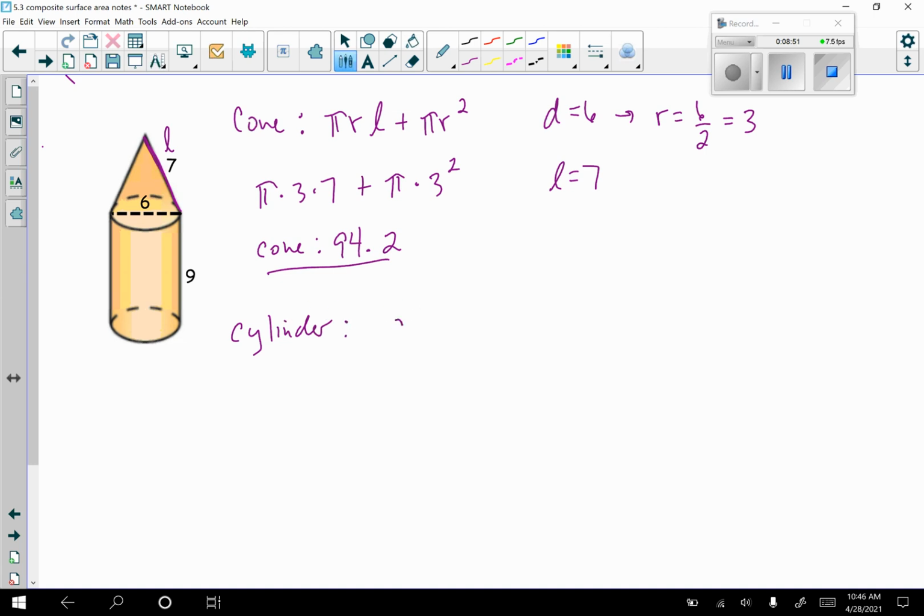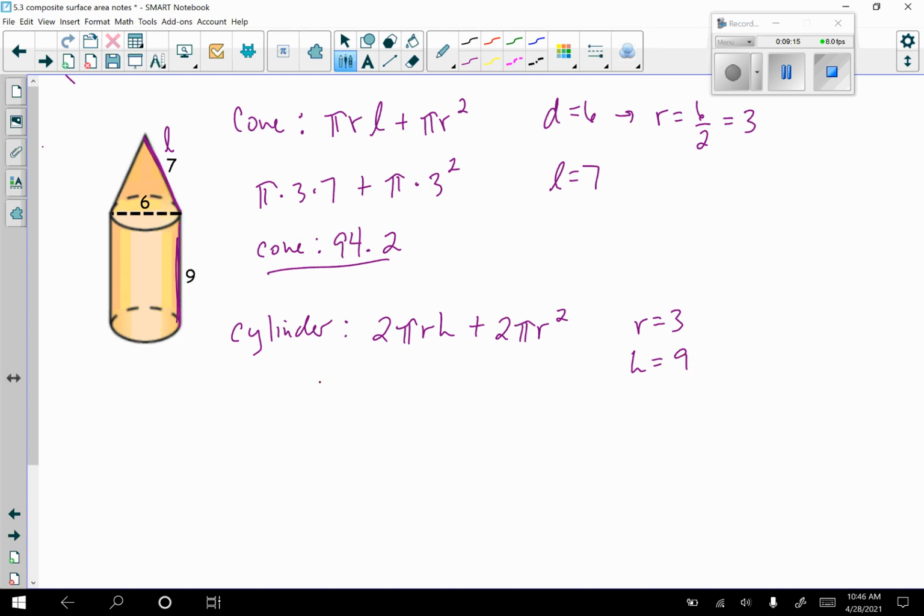Now the cylinder. It's 2 pi r h plus 2 times pi r squared. Again, our radius of our cylinder is the same as the cone because they share that circle, so r is 3. But now the height of our cylinder, the distance between the two circles, h, is 9.